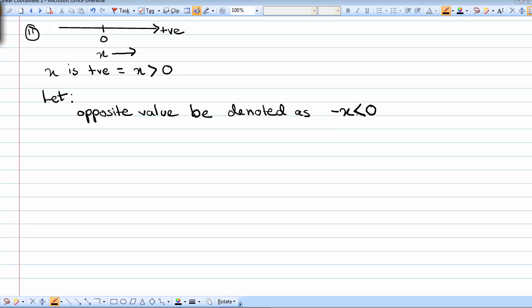But remember from the previous example that by minus x we are actually referring to the opposite side of the number line. Remember that we have considered the right side to be positive.